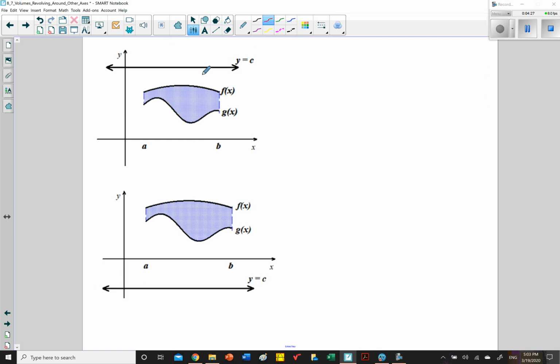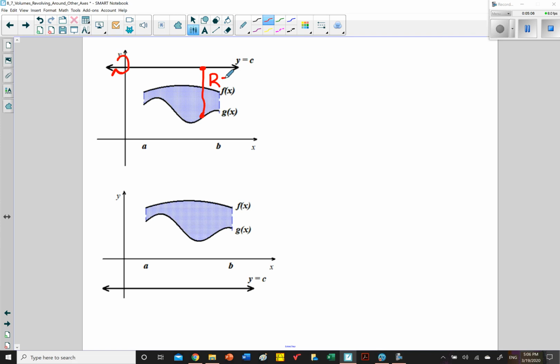Then in this case, okay, let's see here, our outer radius, we're spinning around this line, y equals c. So our outer radius is c minus g of x. That's the furthest away. And our inner radius is the other part. The outer radius goes from here down to here.